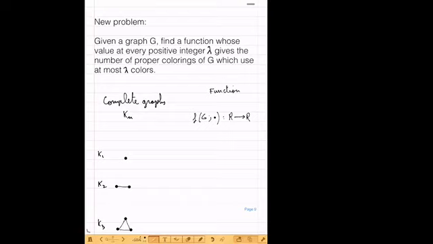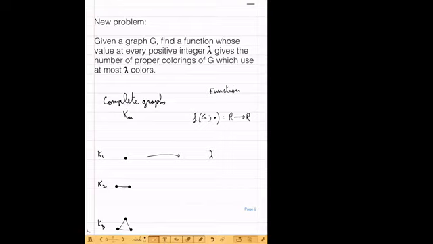Only one vertex, so 3 different ways. Agree? If I have 3 colors, I have 3 different ways of coloring one vertex. And if I have lambda colors, the function is just lambda. That is the number of colors.